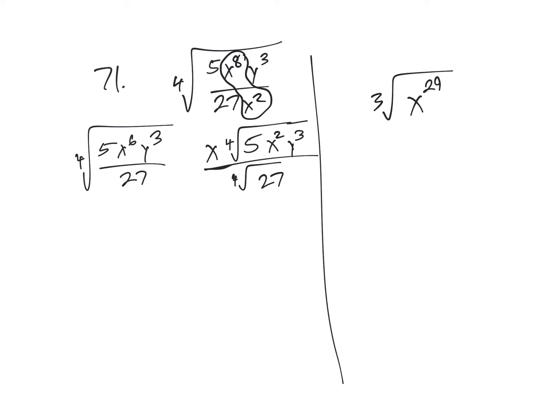Yes or no? Okay, so then you can take a base out. The question is, what's the exponent going to be? So 3 goes into 29 how many times? 9 times. That is what goes out in front. What's left over? 2, right? So that's what that would simplify into.